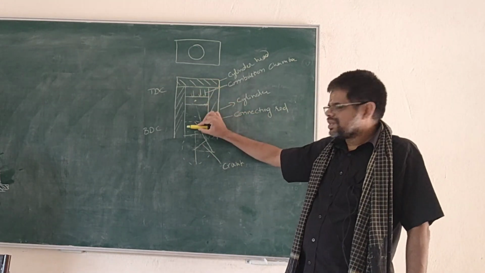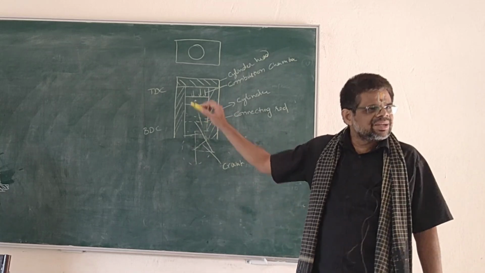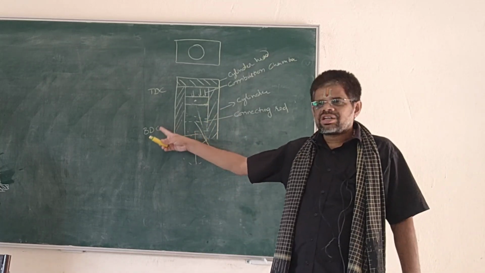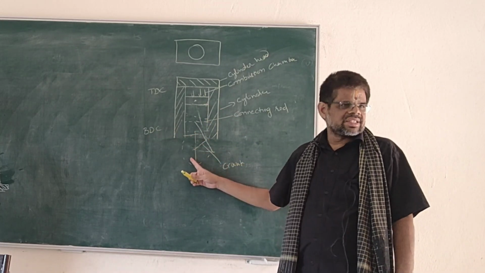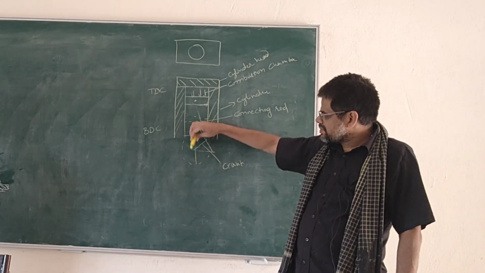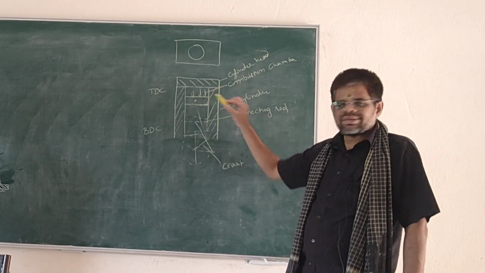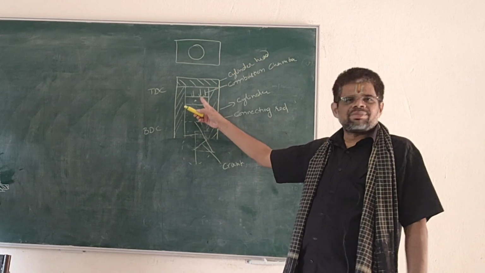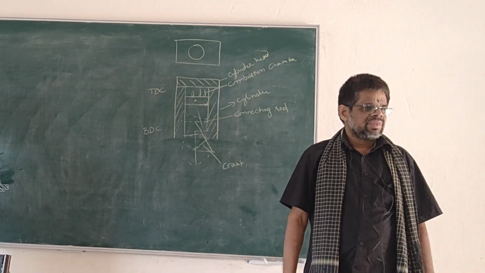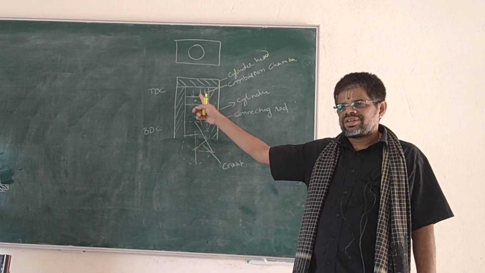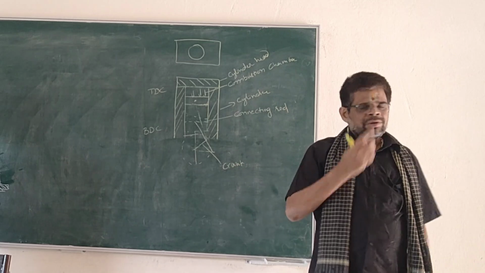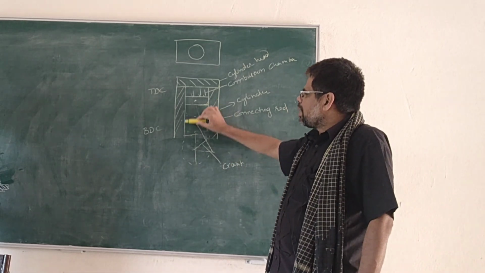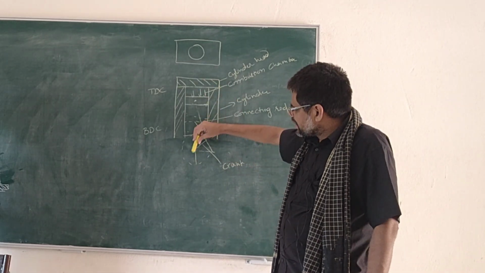As it reaches the downmost position, it cannot move further because this is the bottom dead center, because of the linkages. Once the piston reaches the bottommost position, the pressure of the gas is completely reduced. Then again the piston will move upwards because of the crank action.